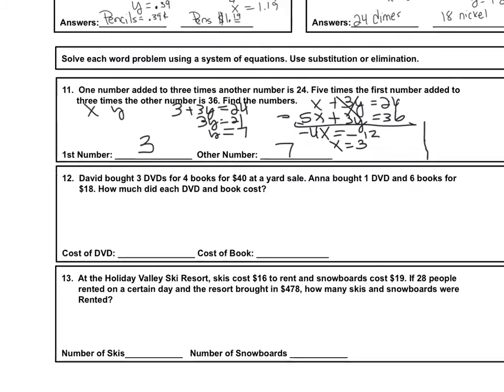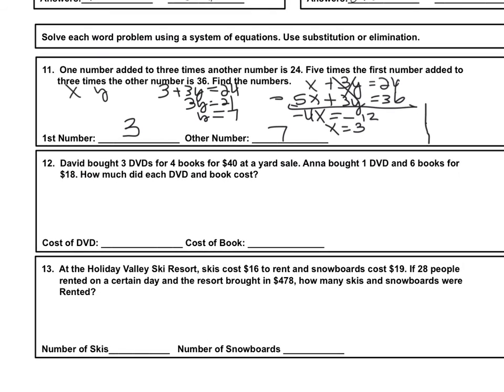All right. David bought 3 DVDs and 4 books for $40 at a yard sale. Okay, so we're going to have DVDs. So let's say x is the number of DVDs, and y is the number of books.